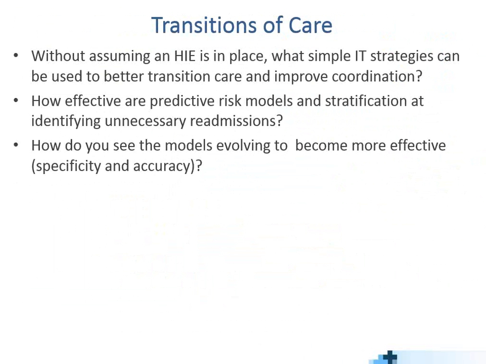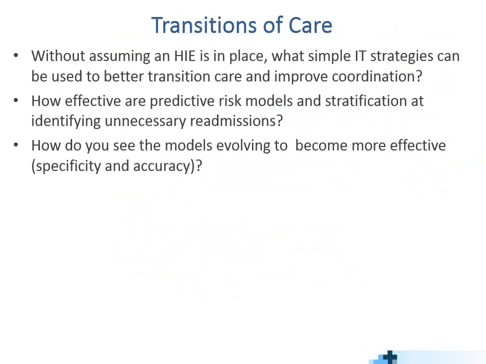Claims-based risk models are certainly able to identify individuals for future admissions. But there could be some problems in the fact that the claims-based models have some delay in data. I think if you could get data right from the hospital discharge data, the EMR data, combine it with patient-reported data and take action on these people within 24, 48 hours, that's going to be a better way to prevent the admission.